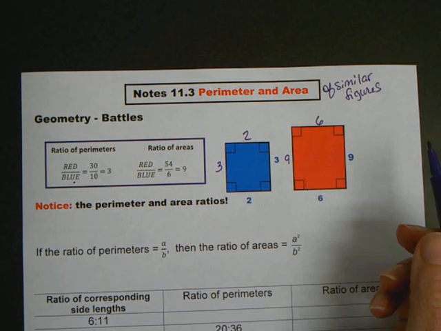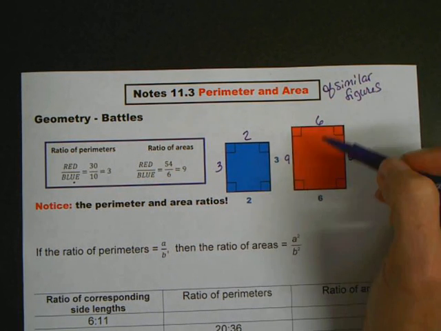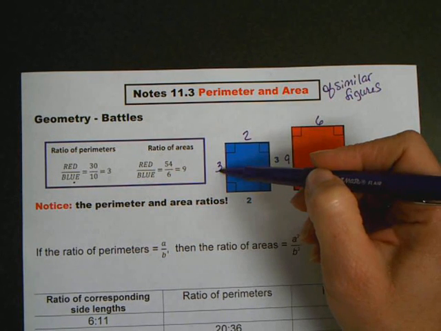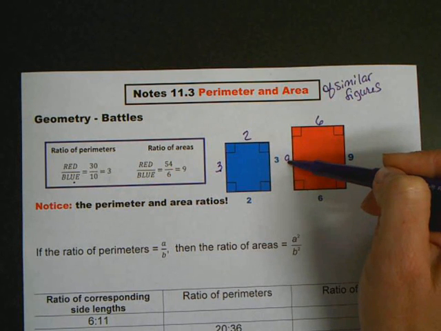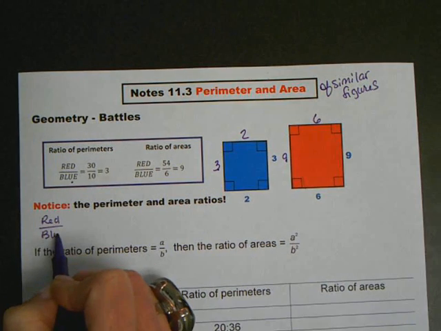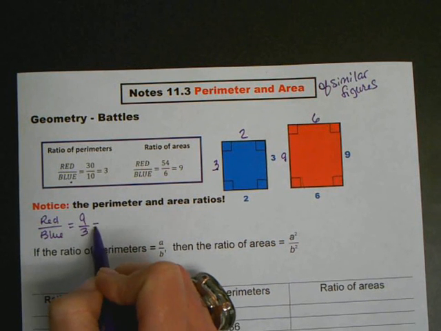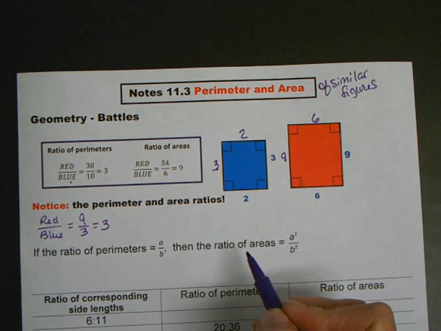Now, if I want to use that with just one of my sides, I would pick corresponding sides. So this one has a length of 3, this one has a length of 9. If we're doing red to blue, then we would have 9 to 3, and 9 to 3 reduces down to 3 as well.